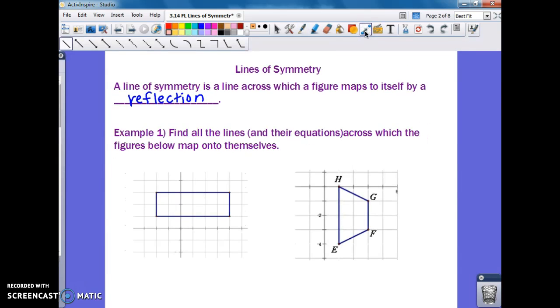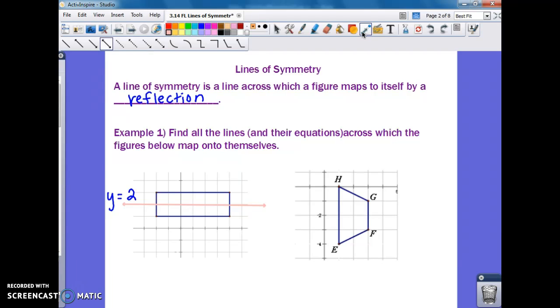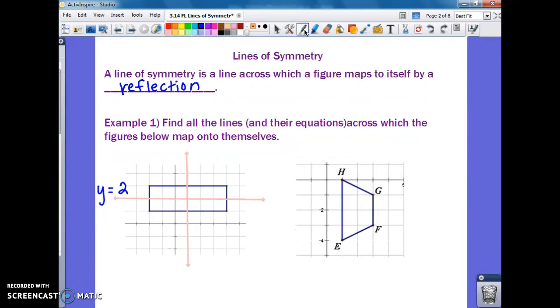And the rectangle reflects itself horizontally through this line right here, which is the line y equals 2, and vertically through the line x equals 1.